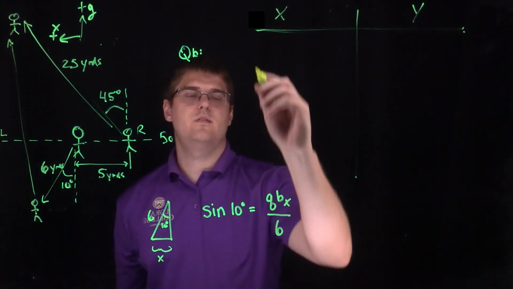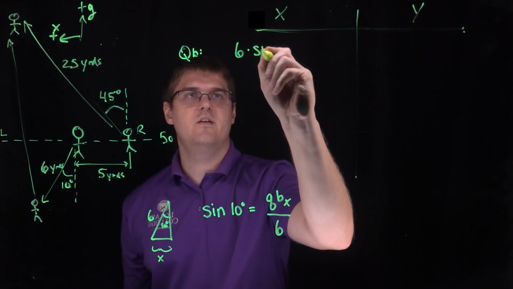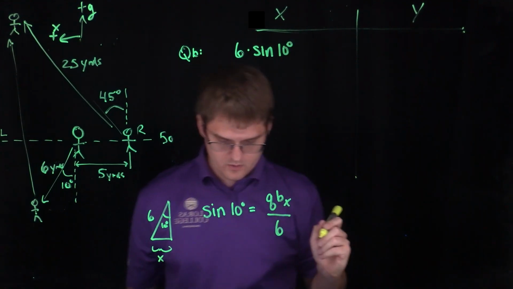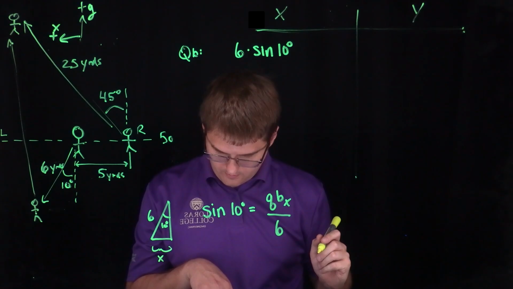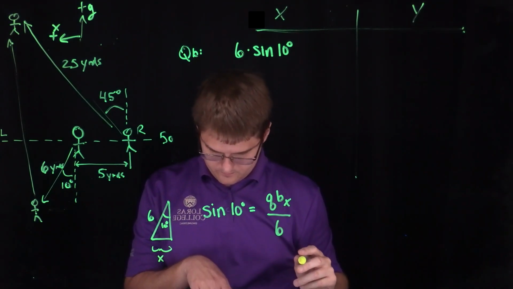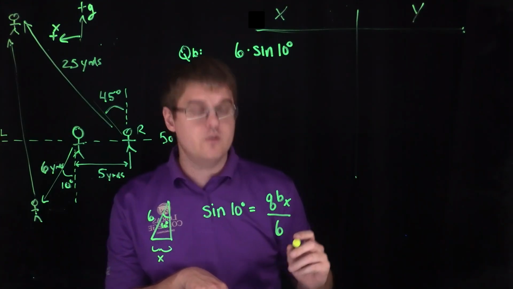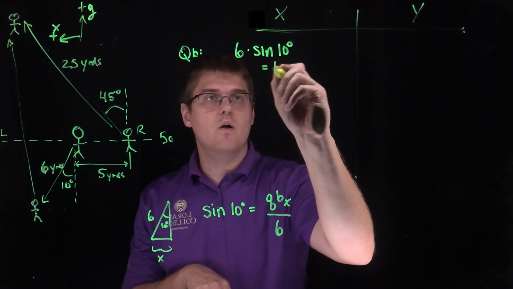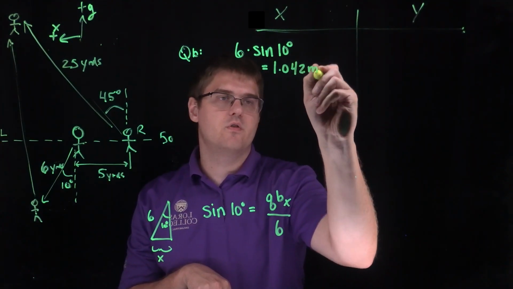So this distance for the QB is going to be 6 times the sine of 10 degrees, which is going to be equal to 1.042 meters.